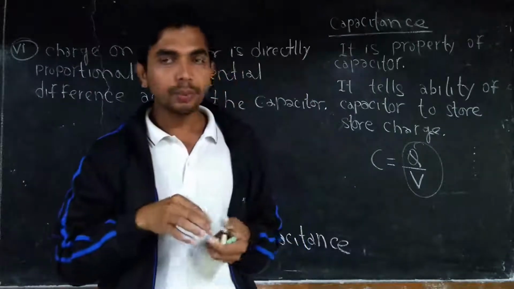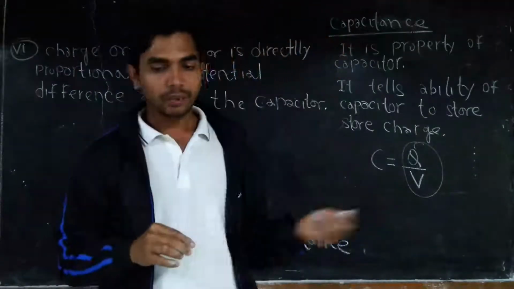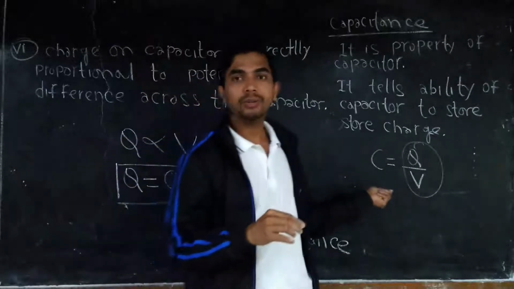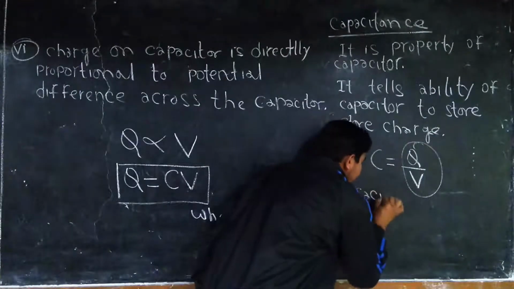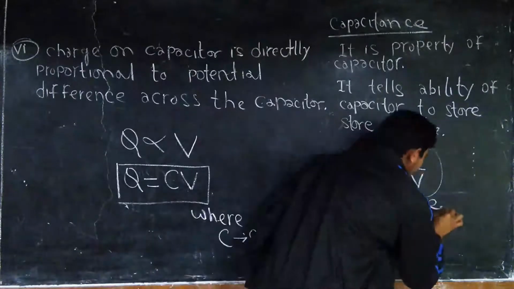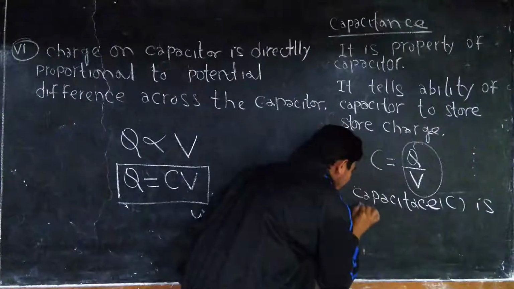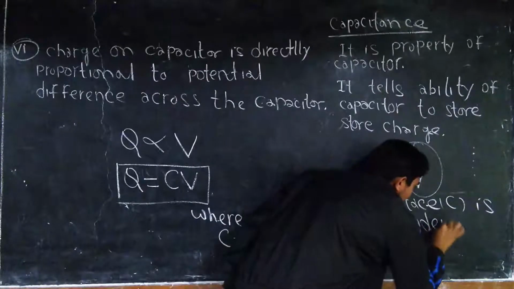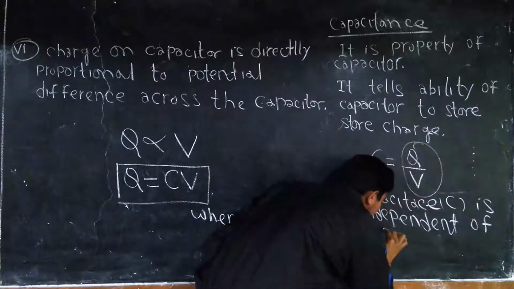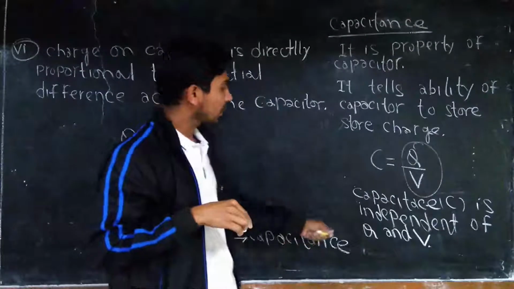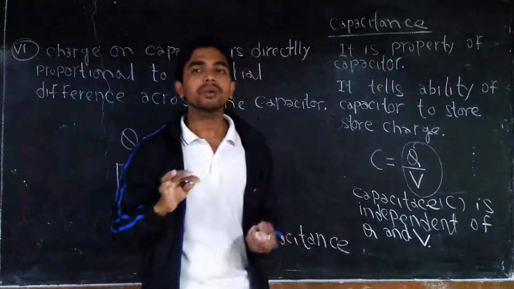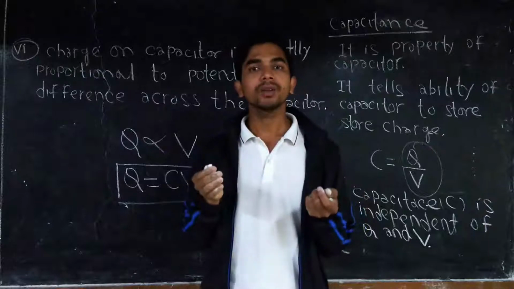So the next point we have to write: capacitance C is independent of Q and V. Capacitance only depends on the shape and size of a capacitor.